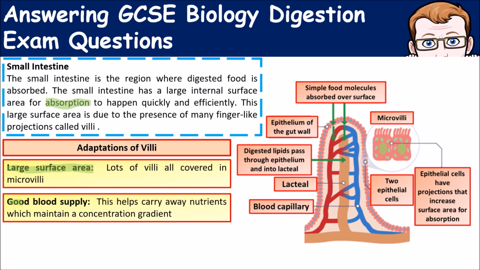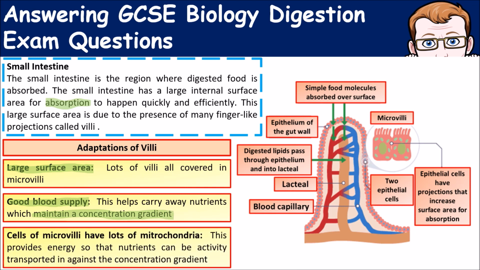There's a very good blood supply, so nutrients are carried away and we always maintain the concentration gradient. And finally, the cells are covered in microvilli, which have lots of mitochondria, so things can be moved in by active transport, and it also helps increase the surface area.